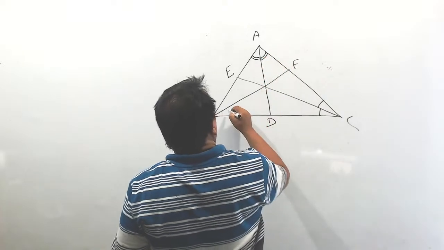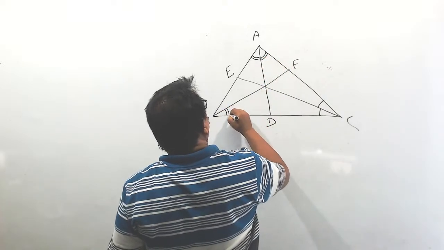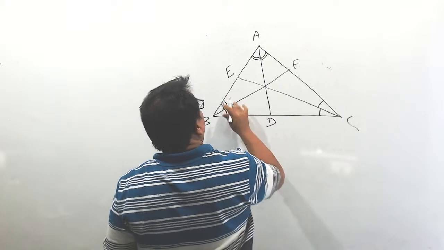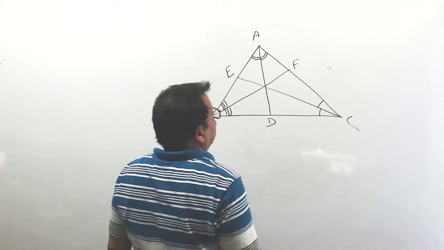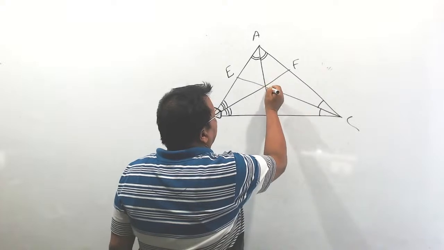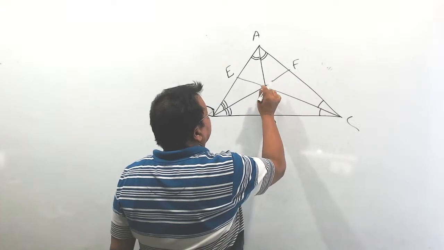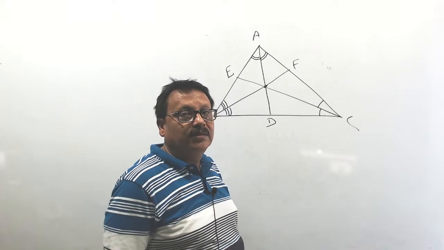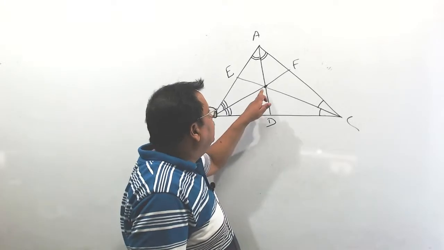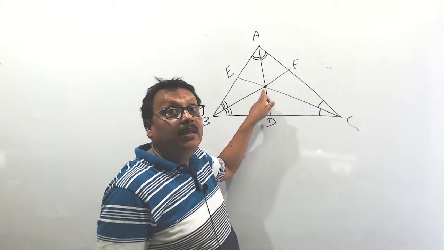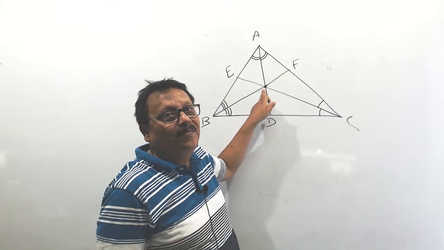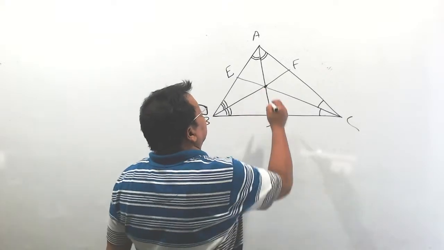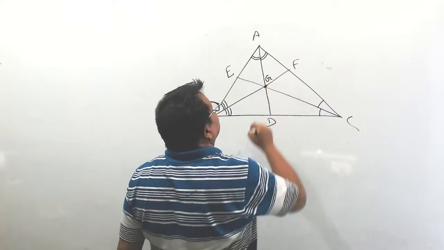BF is the angle bisector of the angle B. That means these two angles are equal. Now, these three angle bisectors are passing through this unique point. Okay, and this point is called the incenter. So it is the point G, the incenter.